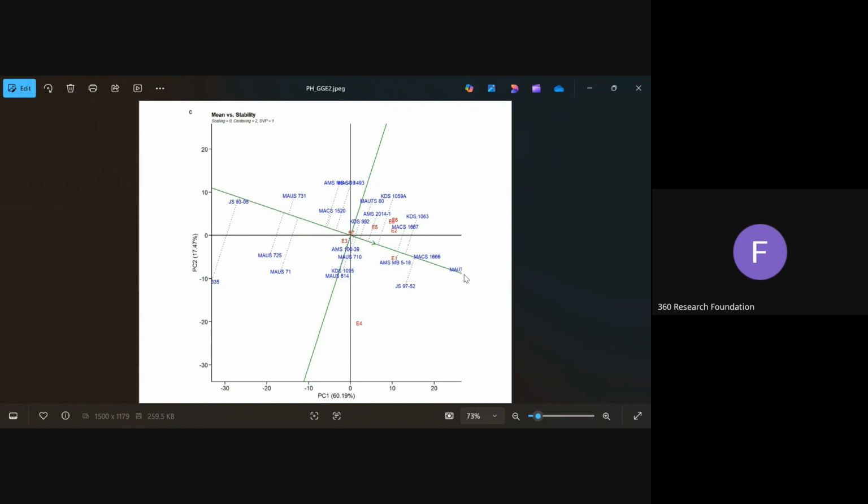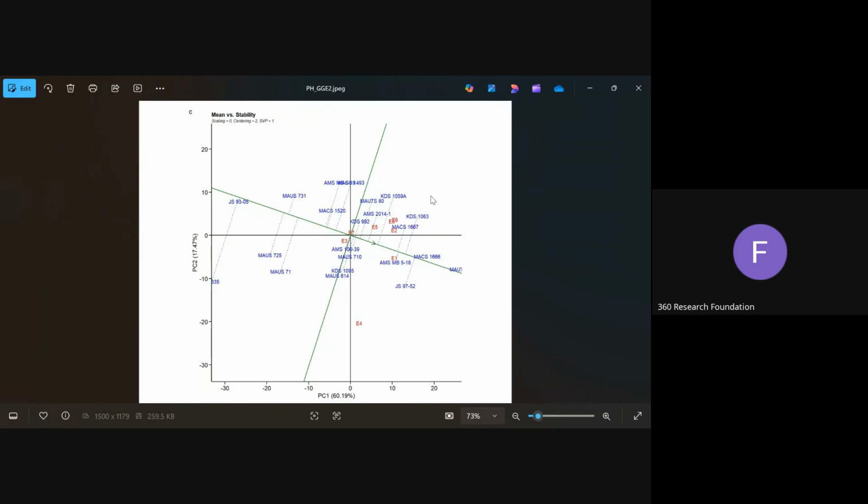Here genotypes are written in blue color with a dotted line. That dotted line with the genotype name is considered in total as one genotype. So see KDS 1063, 1059A.